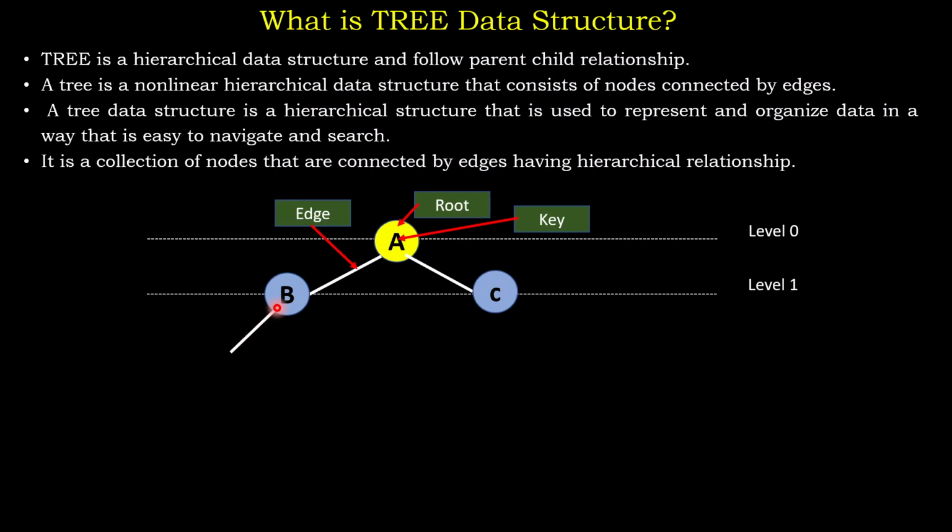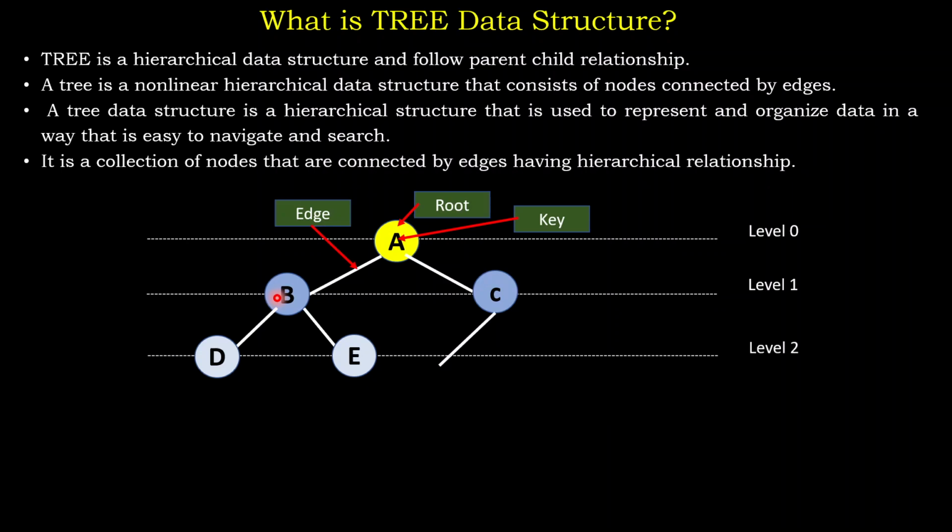If it includes other nodes, these lower nodes are connected by different edges, and they are called the children of b. So b is the parent, because d and e are the immediate successors of b. These are known as children, and the immediate predecessors are parents.